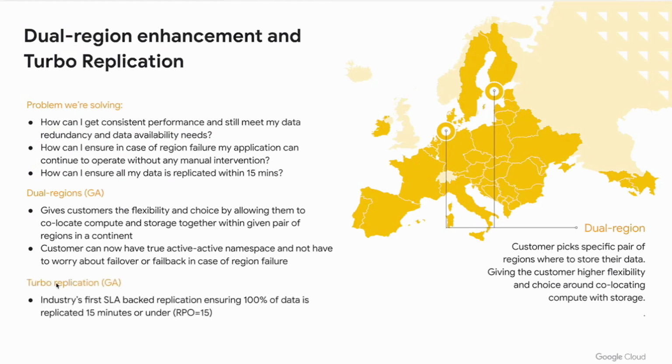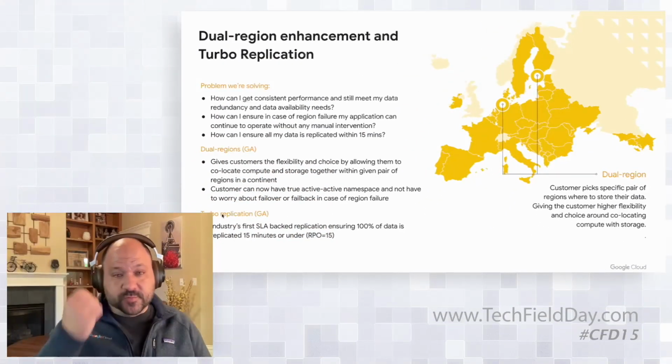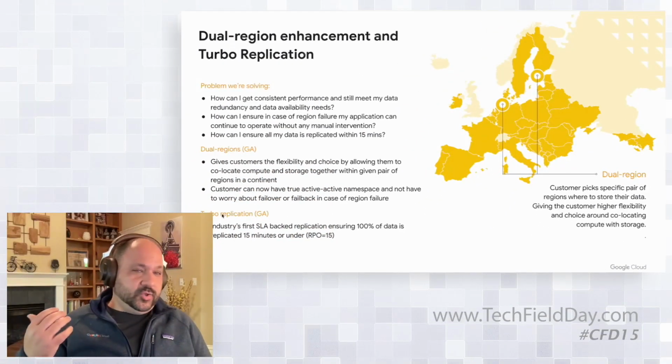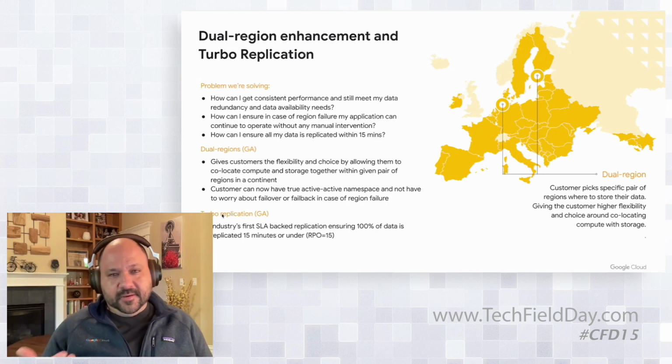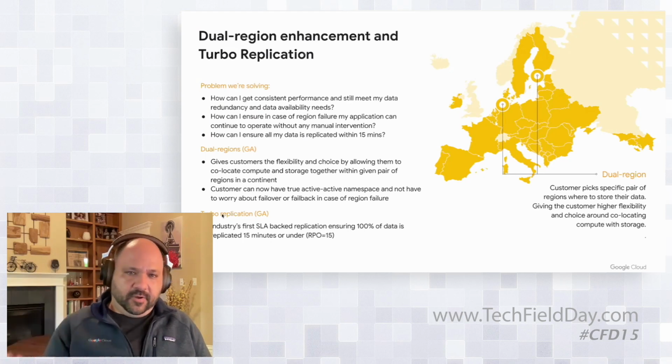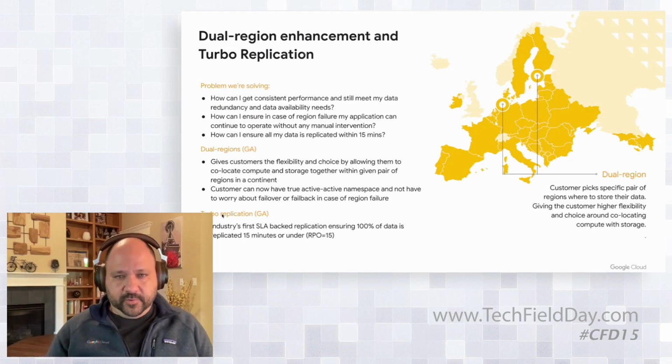And then of course we're adding the turbo replication. So this is for situations where you want that lower RPO and you want to know what it is, and you want some take-it-to-the-bank assurances that we're getting data actually replicated from one region to the other. Now we're offering you that guarantee for a 15-minute recovery point.